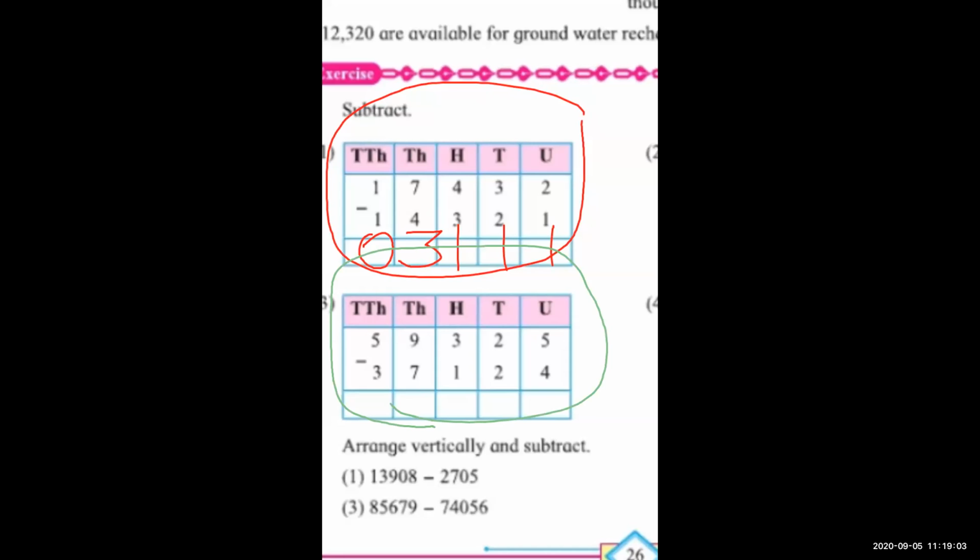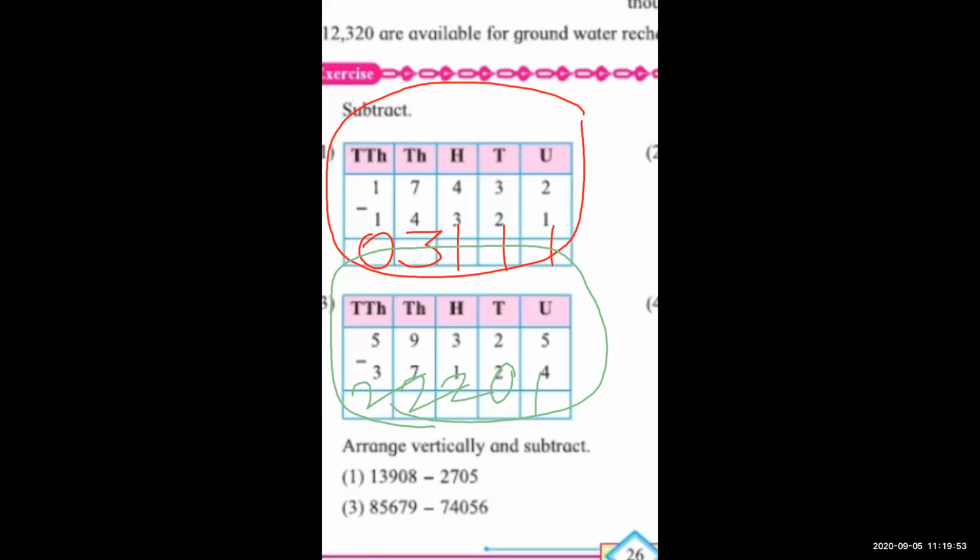You want to solve this sum now. 5 minus 4, your answer is 1. 2 minus 2, your answer is 0. 3 minus 1, your answer is 2. 9 minus 7, your answer is 2. And 5 minus 3. Very good.